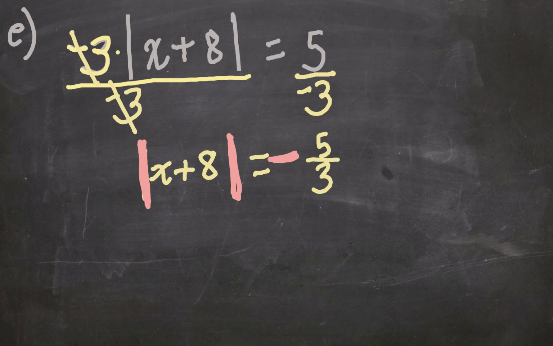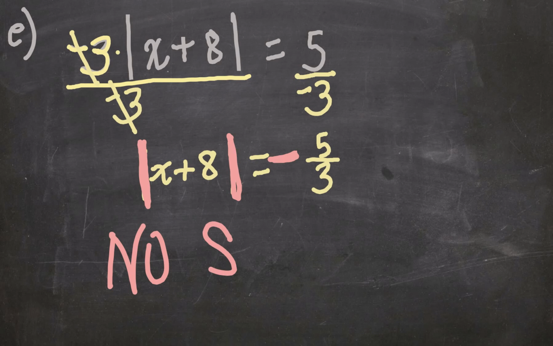Because I have a negative value opposite of the absolute value sign, this is going to cause me to have no solution. So once you have the absolute value part isolated, if you have a negative value on the other side, this is bad, right? This is going to stop you. So no solution for these.